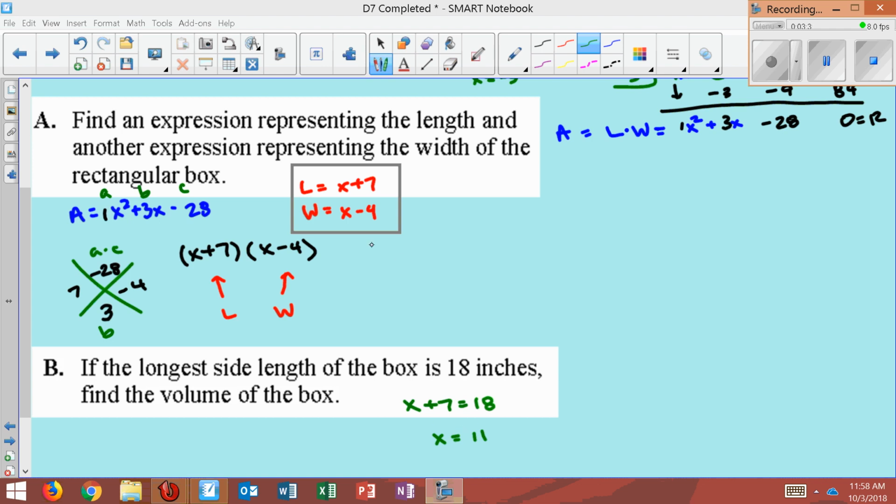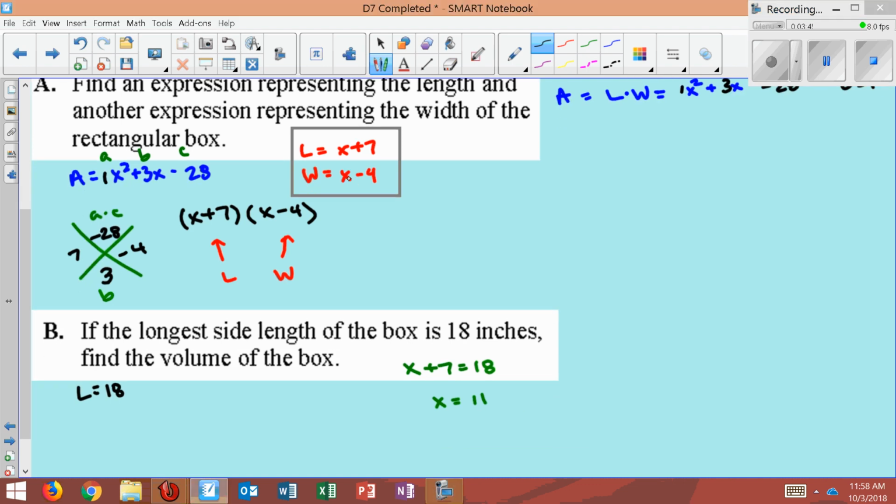And if x is 11, let's just keep track of these. The length would be 18. Length equals 18. I plug in x of 11 into the width, and so the width would equal 11 minus 4, since we now know what x is. 11 minus 4 would equal 7. That means my width is 7.